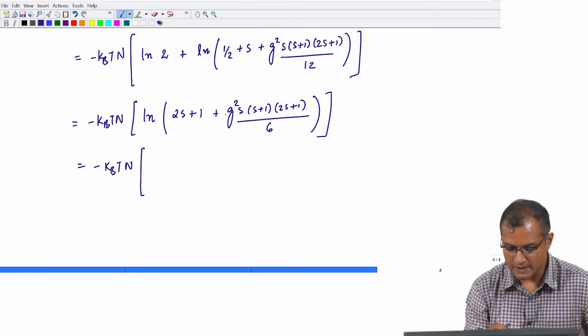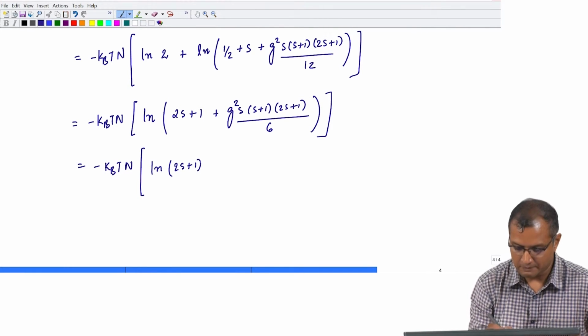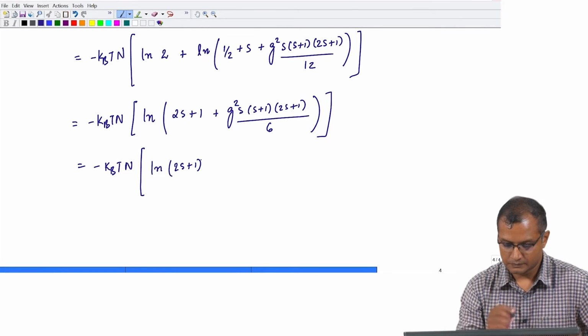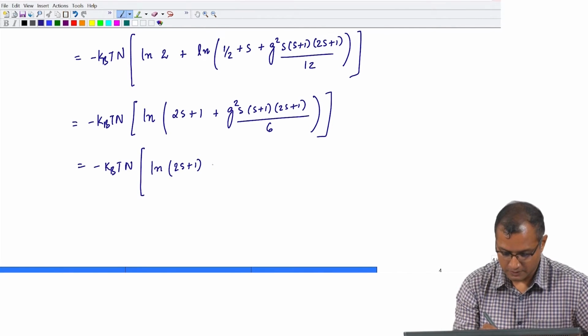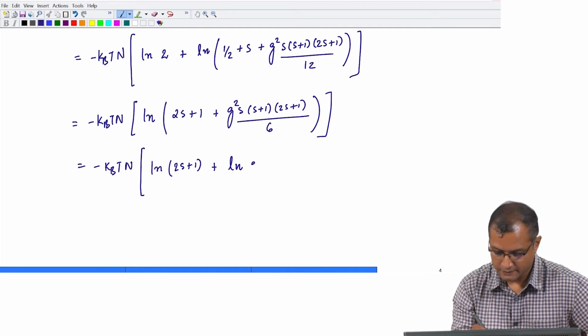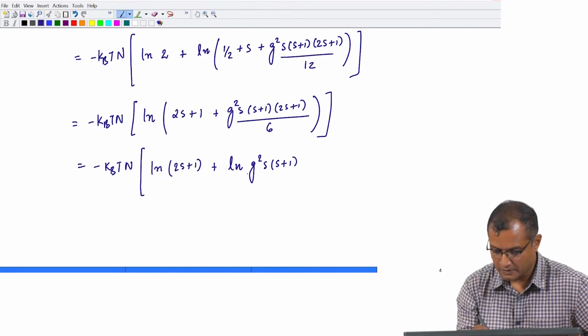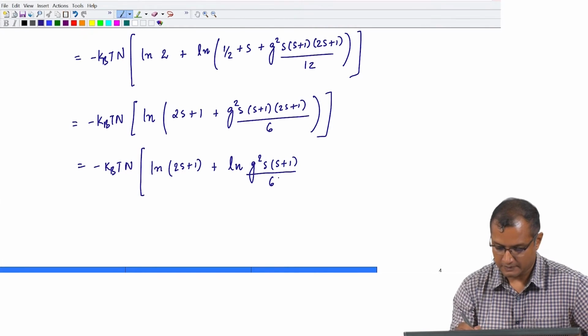So, what I get is basically ln of 2s plus 1 plus ln of g square s into s plus 1 over 6.